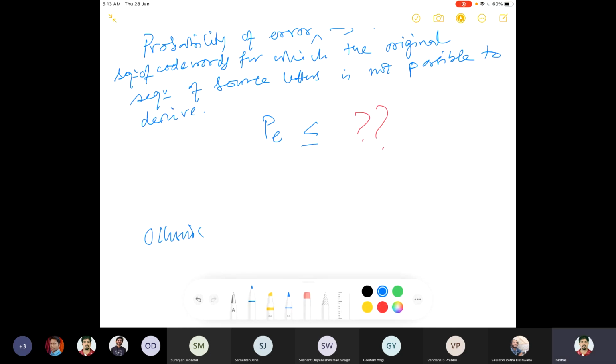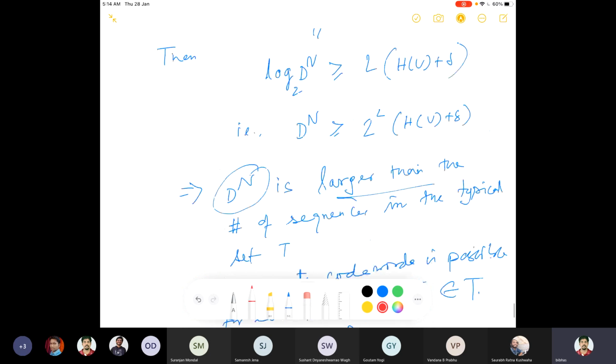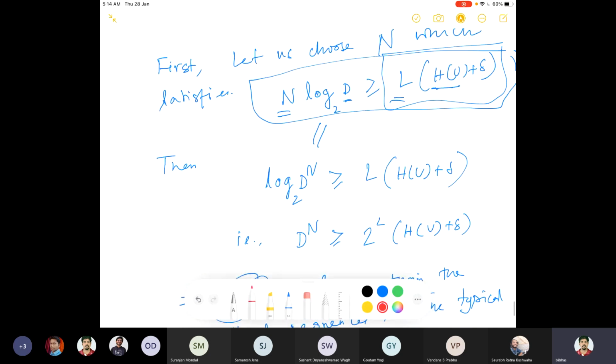Let me call it homework, but we'll discuss this next week also. If this is not assumed, then n log D, with log base 2, is less than or equal to L times H(U) plus delta, right?